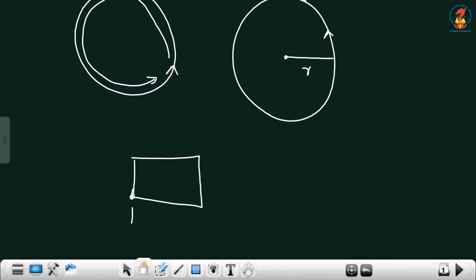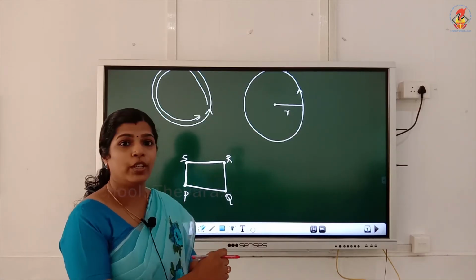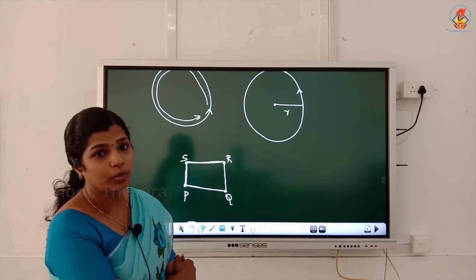The object starts from here, name the corners P, Q, R, S. In this direction it will move, and from here it will change the direction. From here again it will change the direction, and from here again. So 4 times the object will change the direction of motion.